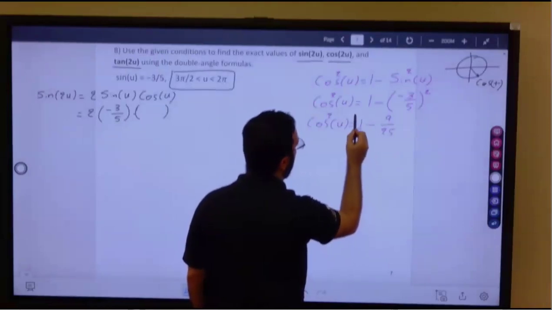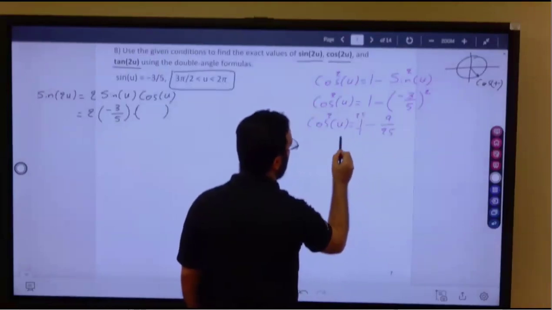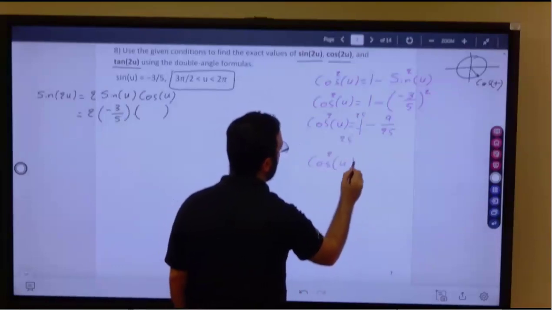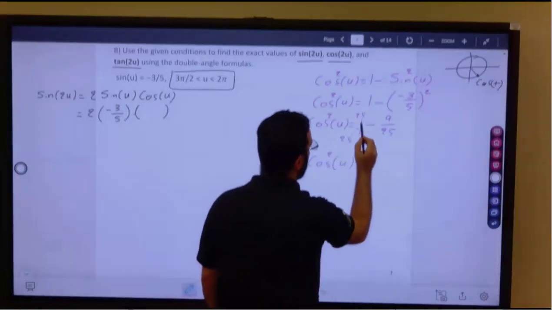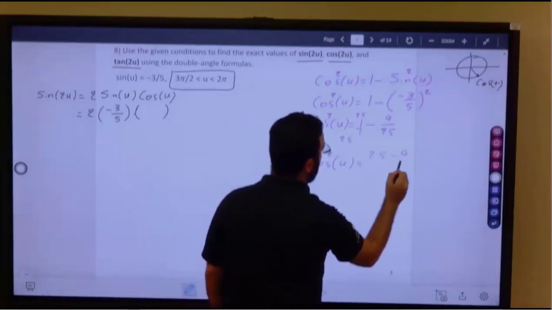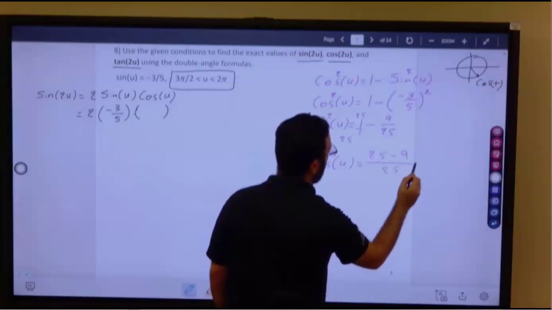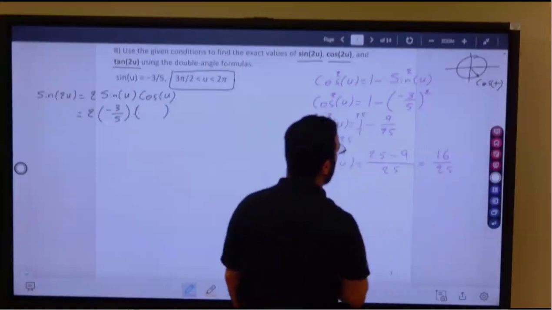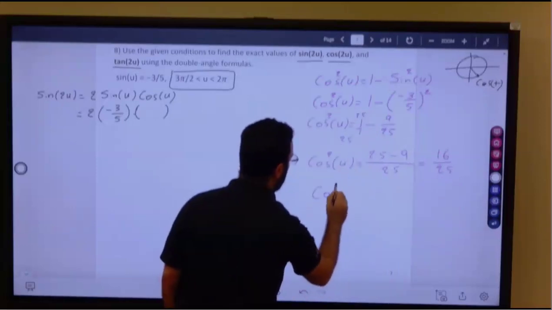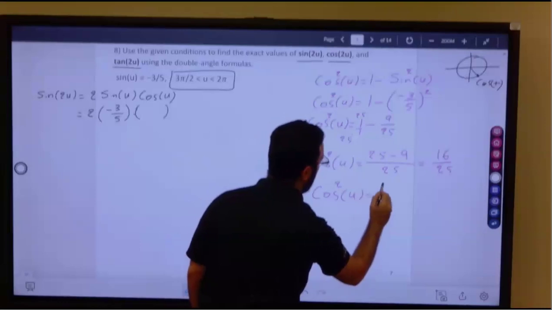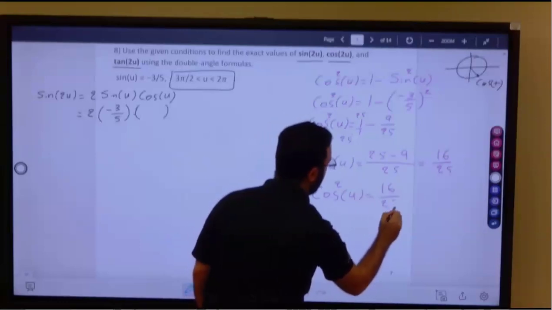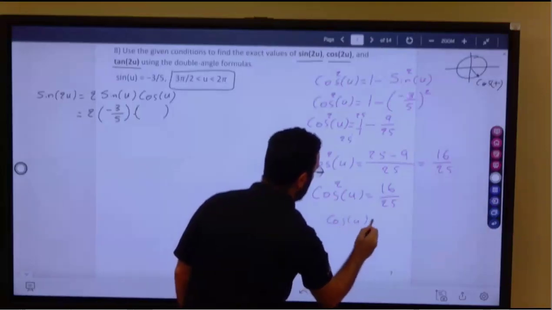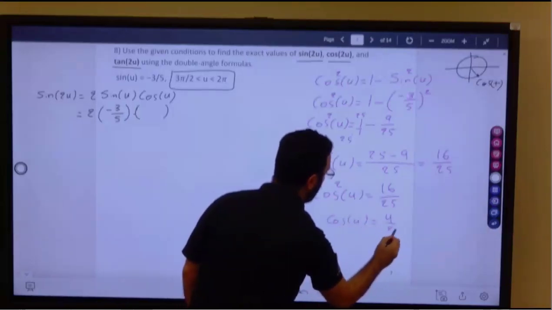We multiply by 25 here and here. So cosine squared u is going to be equal to 25 minus 9 over 25, which is equal to 16 over 25. Take the square root of both sides. So cosine u is going to be 4 over 5.